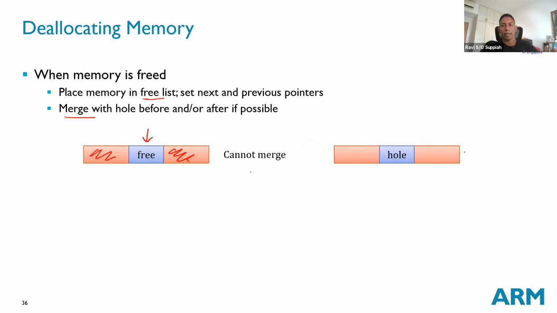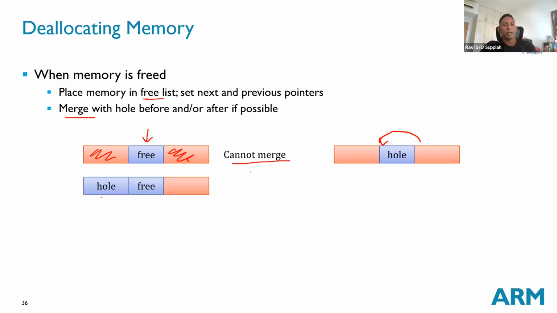Later we will talk about compacting memory, where I can move this chunk here so that all the used chunks are together and all the holes are together. But that is compacting. If I don't do compacting, I can just say I do not want to merge and I keep it as it is.